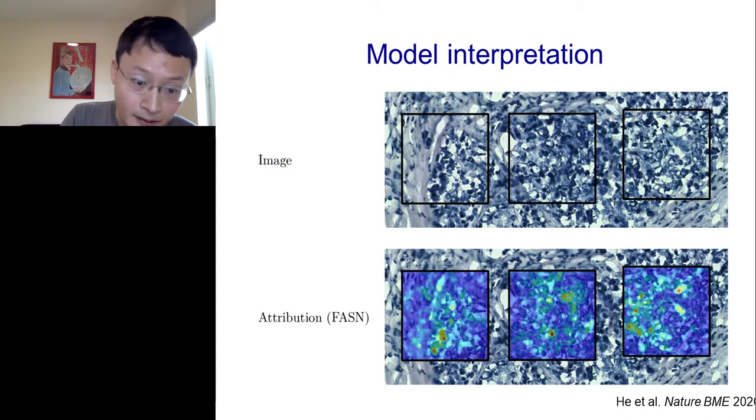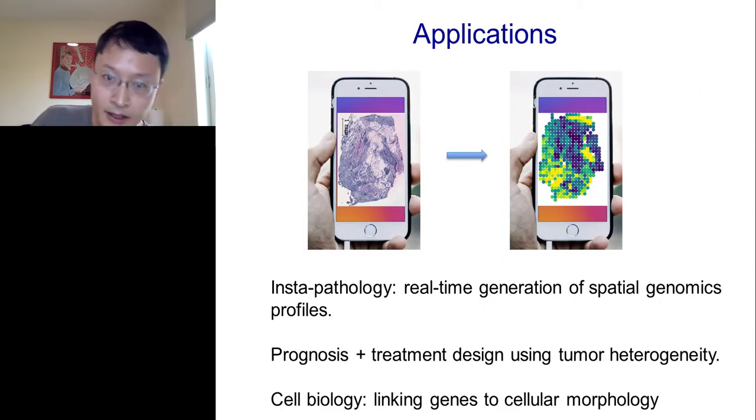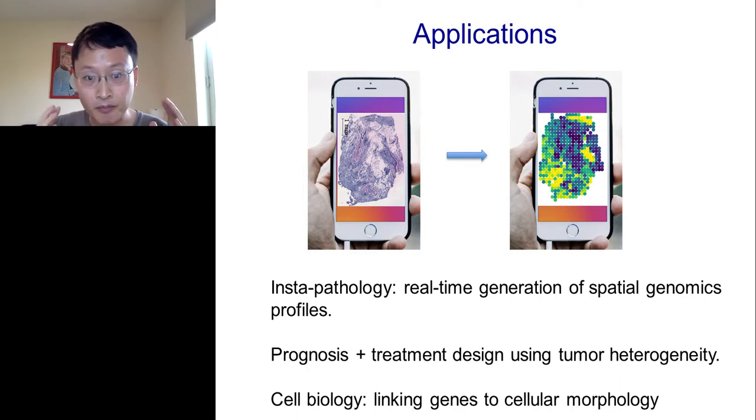So the ultimate application of this technology that we're very excited about is to think of this as an enabling platform, an enabling technology. It's sort of like Instagram, where instead of filters for cats and dogs, if we look at one of the original histology images from a tumor, we can in real time have the algorithm generate the spatial transcriptome profiles for many of the key genes, and overlay those spatial profiles on top of the original image like these filters.